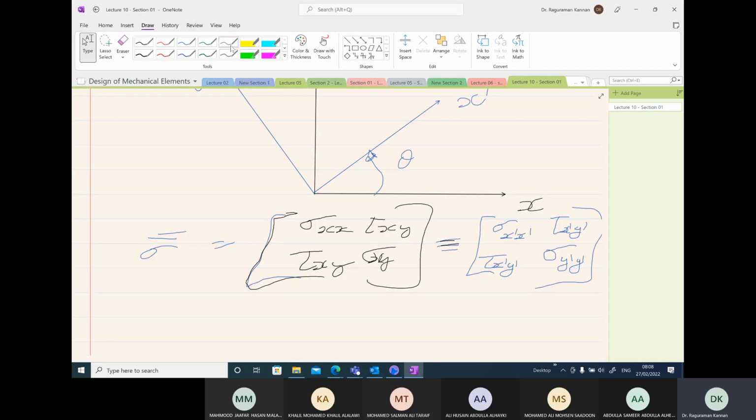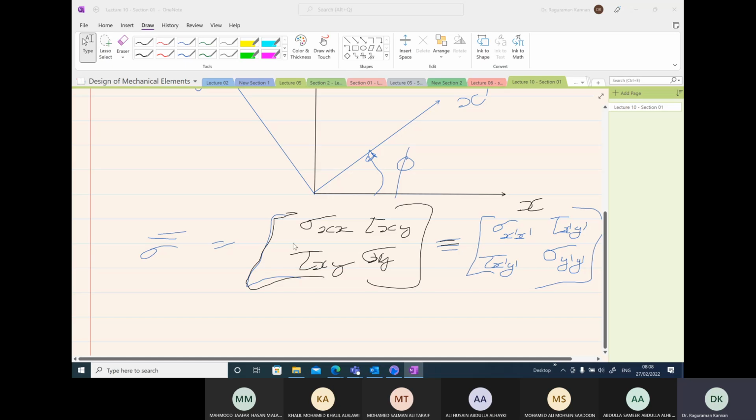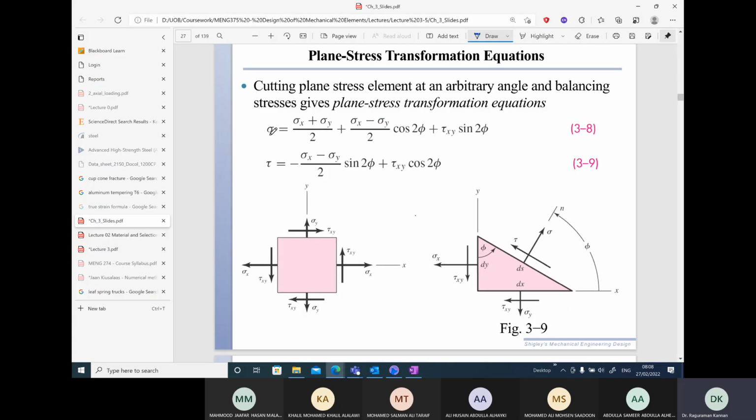So instead of theta, we write it as angle phi. Here we are given only one normal stress, the normal stress along the x prime direction. So this is the sigma x prime value.